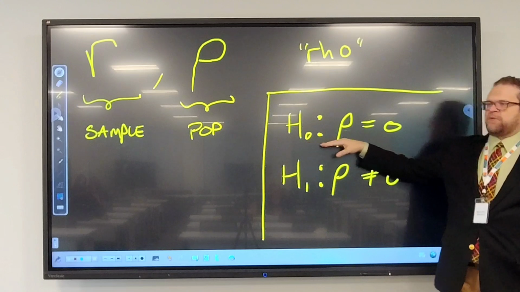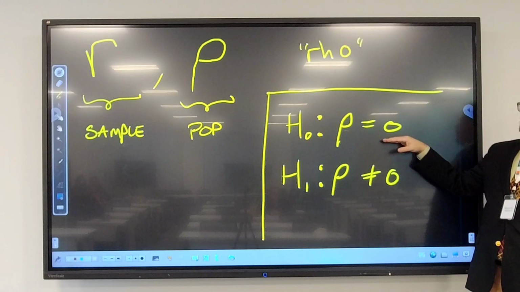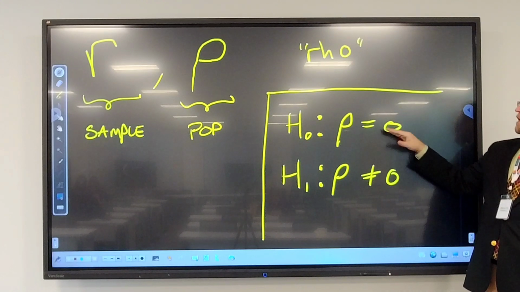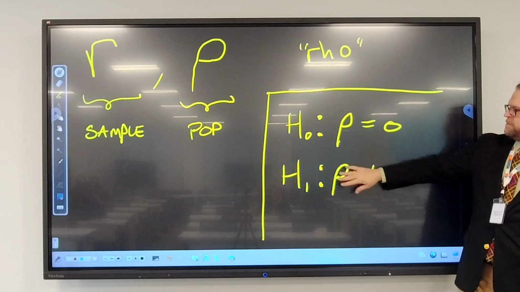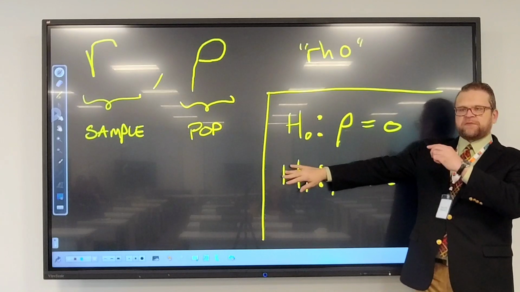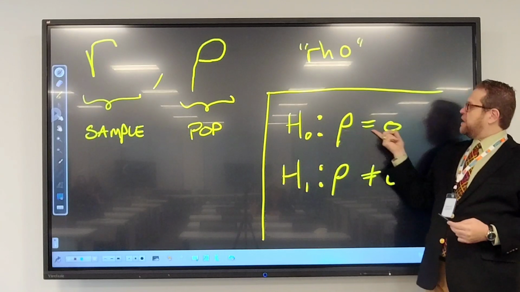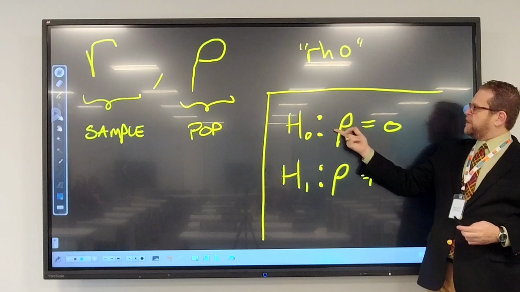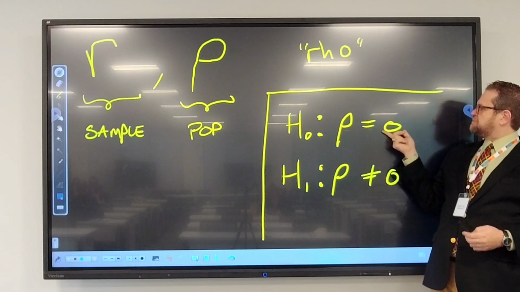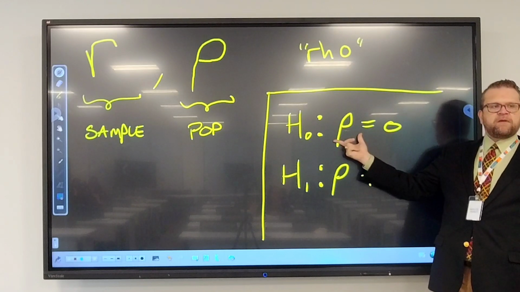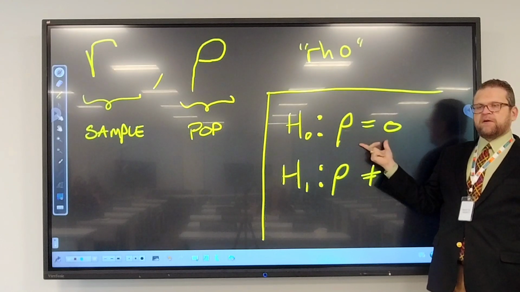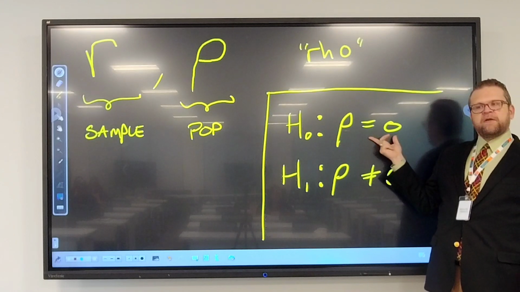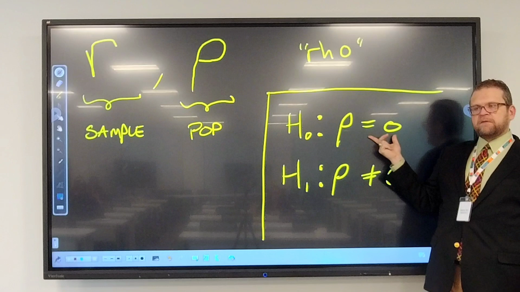And suppose we failed to reject this hypothesis test. I failed to reject, so my evidence cannot support this one. We forget about this one and we have to go with this guy. And it's telling us that the correlation of the population, what is this going to mean? What did it mean for R? So here, same thing.